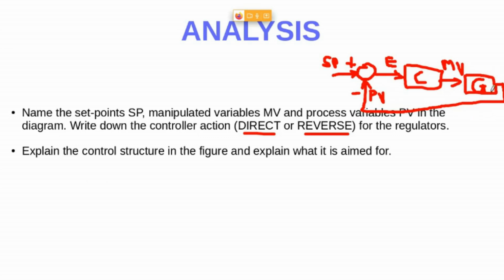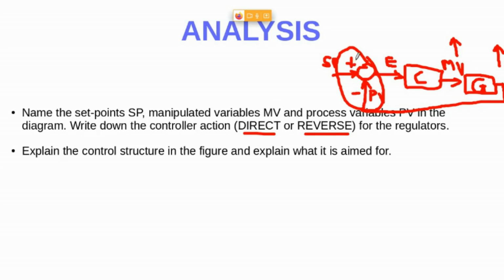So when the process to be controlled has a positive relationship between the input and its output. So that means that when you increase the manipulated variable, the process variable also increases, right? In those cases, you will use the reverse controller action. So that means that the error will be calculated like this, right?